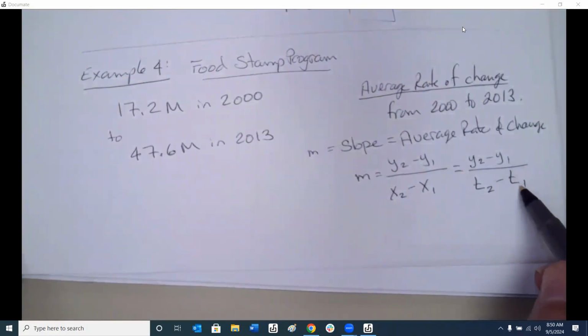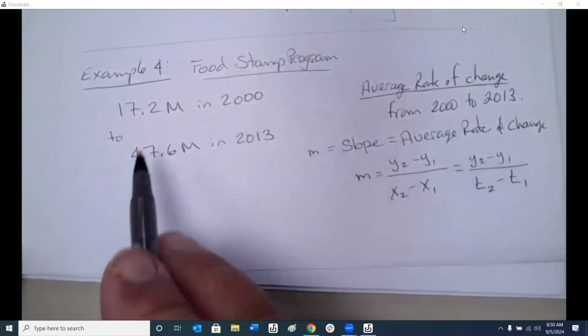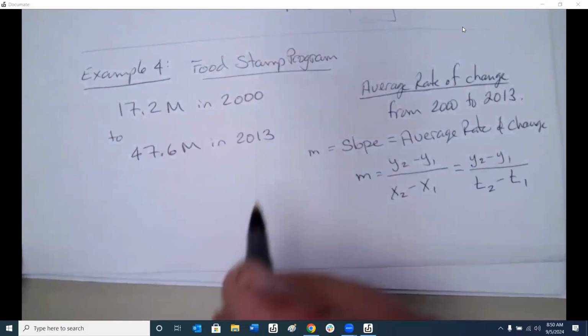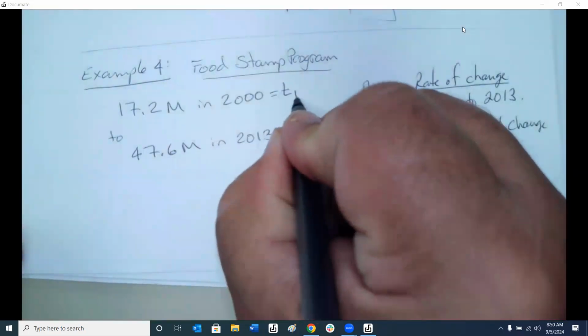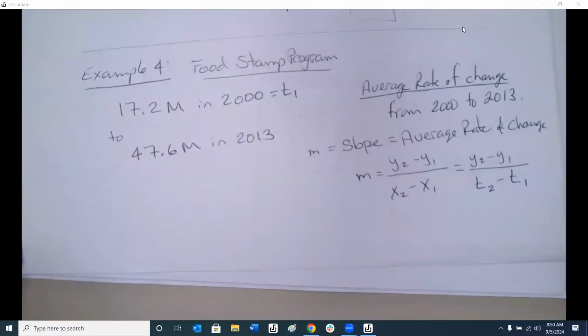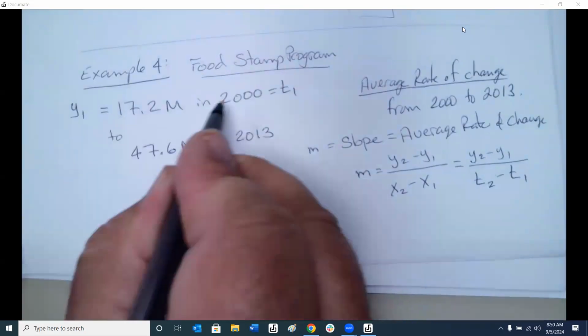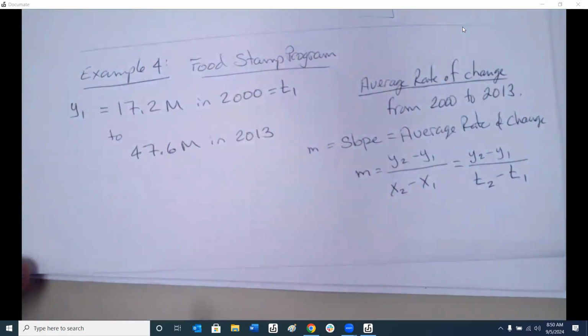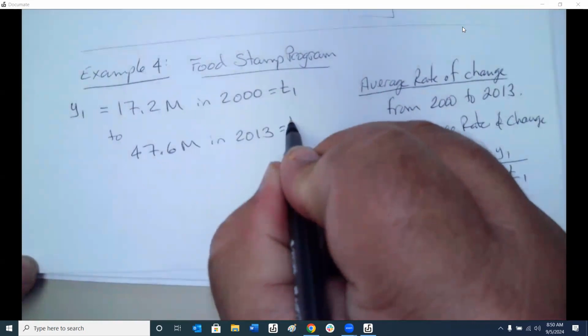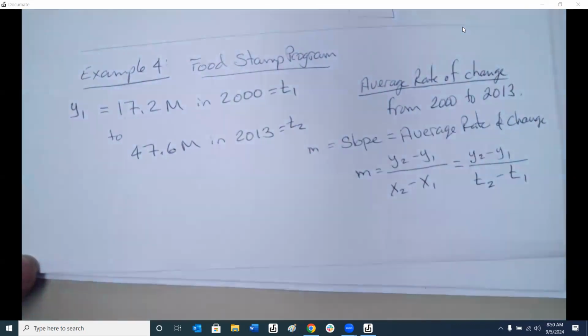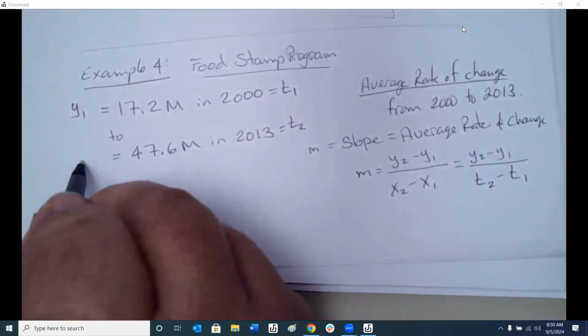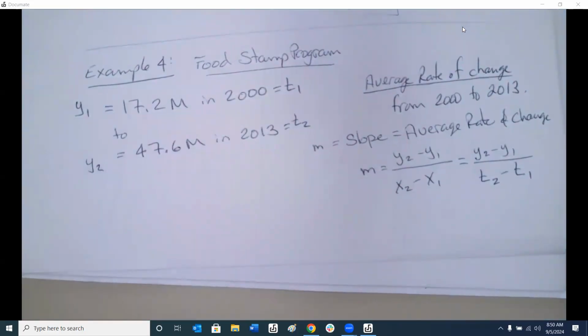So T1 would be the beginning year. What's the beginning year in this equation? So that's T1. What's Y1? Yeah, it's the amount that matches to that time. And time 2 is 2013. And this is Y2.